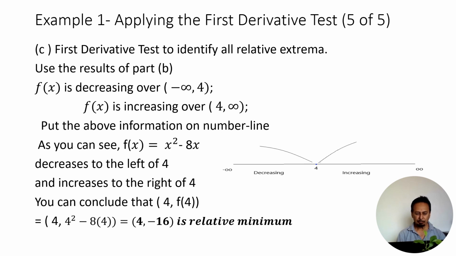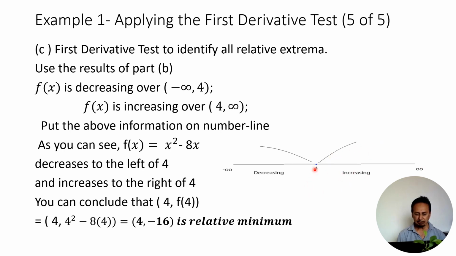From part B we have f of x decreasing over negative infinity to 4 and increasing over 4 to infinity. We put this information on the number line. You can see negative infinity to 4 is decreasing, and from 4 to infinity it is increasing.